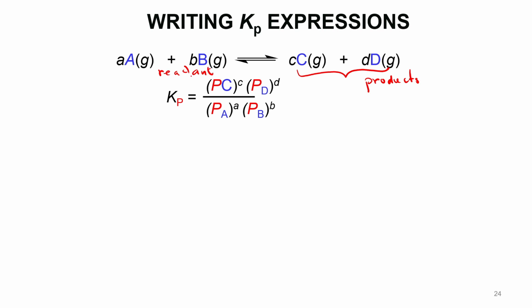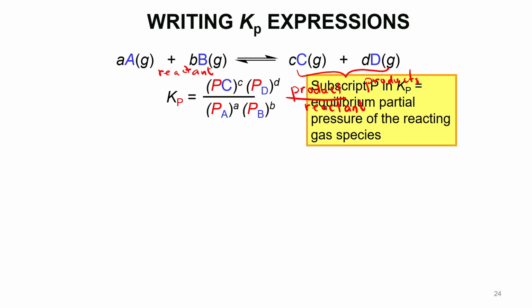That's why bila kita nak tuliskan expression tu, ke atas ni adalah product over reactant. So the subscript P bermaksud partial pressure untuk reacting gas species. Jadi maksudnya P ni untuk gas lah, selalunya untuk gas.